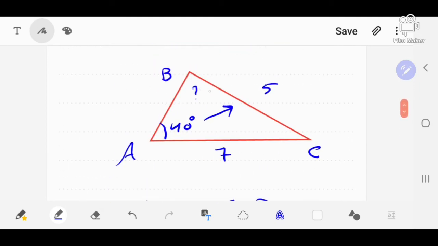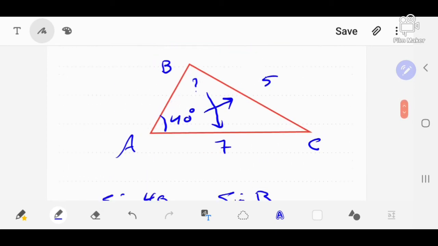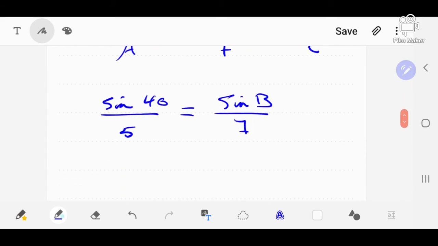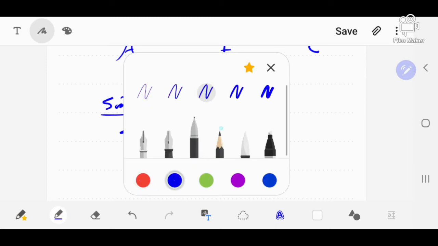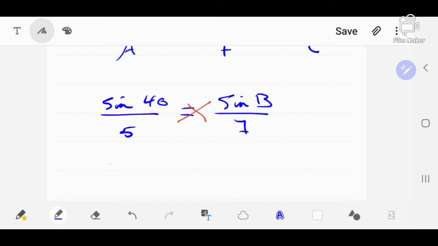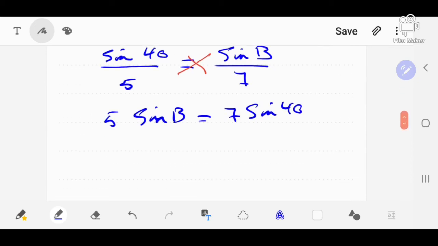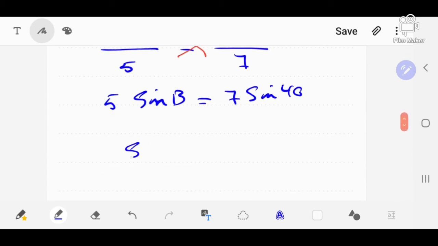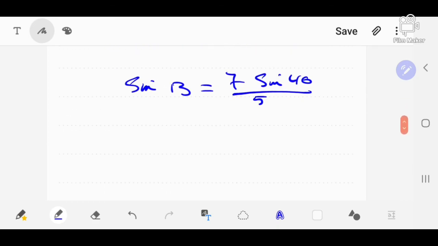Again, that's a ratio, and by cross multiplication you will get 5 sine B equals 7 sine 40. By dividing by 5, you will get sine B is equal to 7 sine 40 over 5. Using a calculator, this is approximately 0.9.